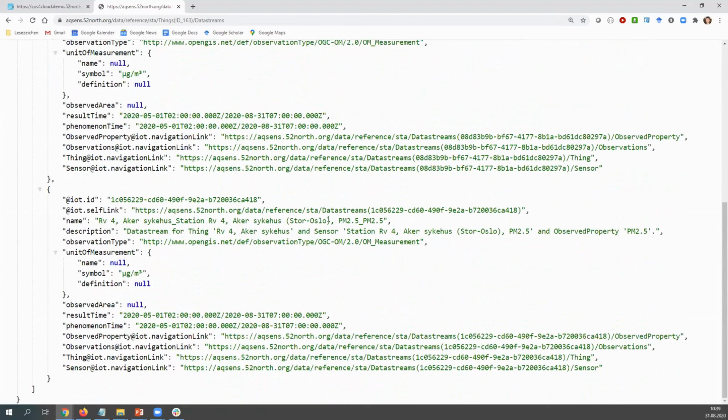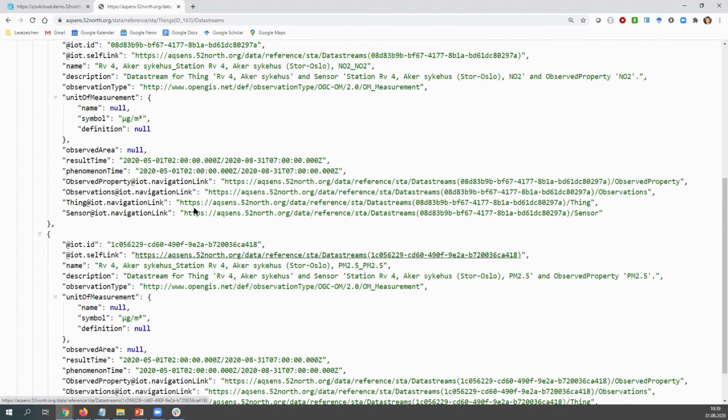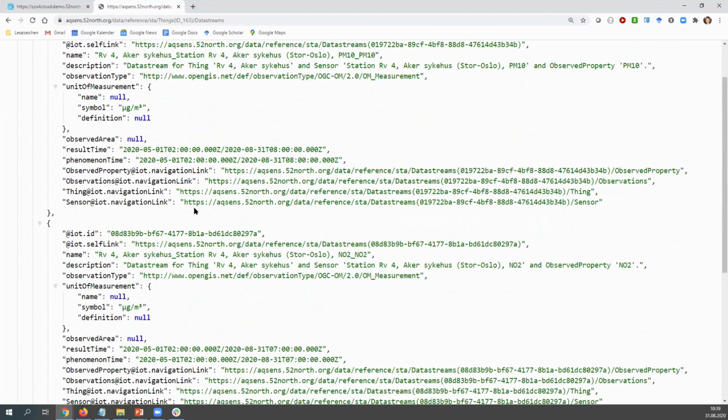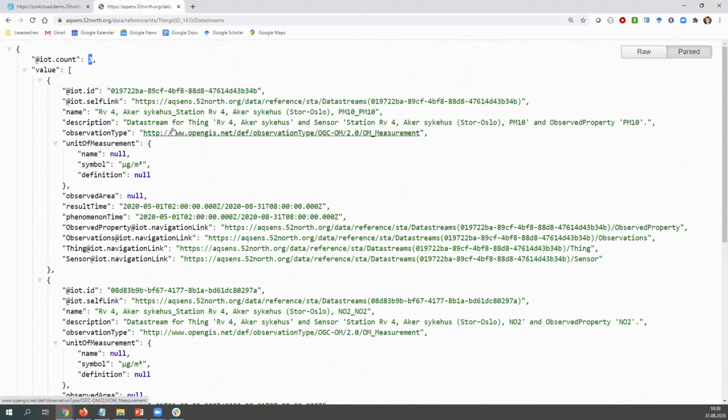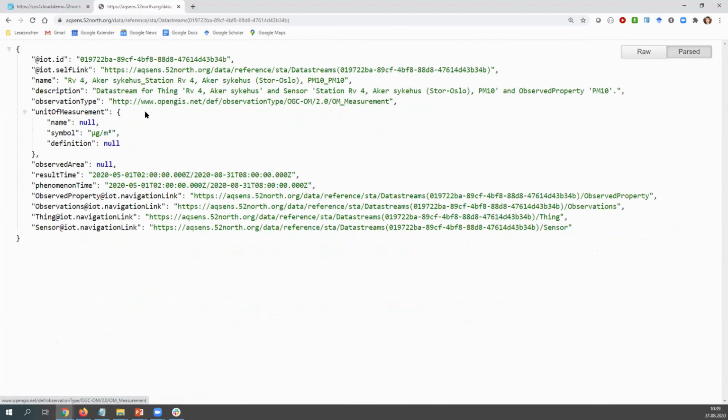So here we can explore, we click on the station and get a list of all data available for this station. So it's quite nice to explore the content. And then if we have such a data stream, we can open it up with the specific identifier as a query parameter, and now we have our data stream.